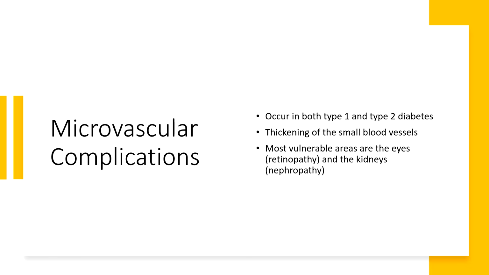So if we have kind of a backup in that system, you're not going to clear the waste, so it tends to damage that vessel and lead to more complications. So the most vulnerable areas for our type 2 diabetics and our type 1 diabetics are at the eyes, right, where you can have some vision changes happen pretty rapidly, and the kidneys, right? About 80% of our diabetics have kidney issues.